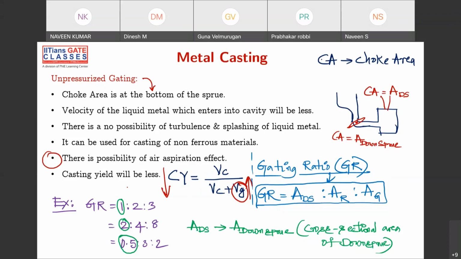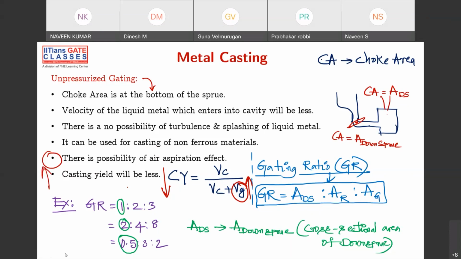Okay. And also, as it is falling, the riser volume might keep on increasing, because of the shrinkage, or maybe the filling is not properly done. So there are so many reasons behind it. I'm not exactly sure about the reasons. One possible reason could be this: because of the air aspiration effect, you have to produce a good and right amount of gating volumes.